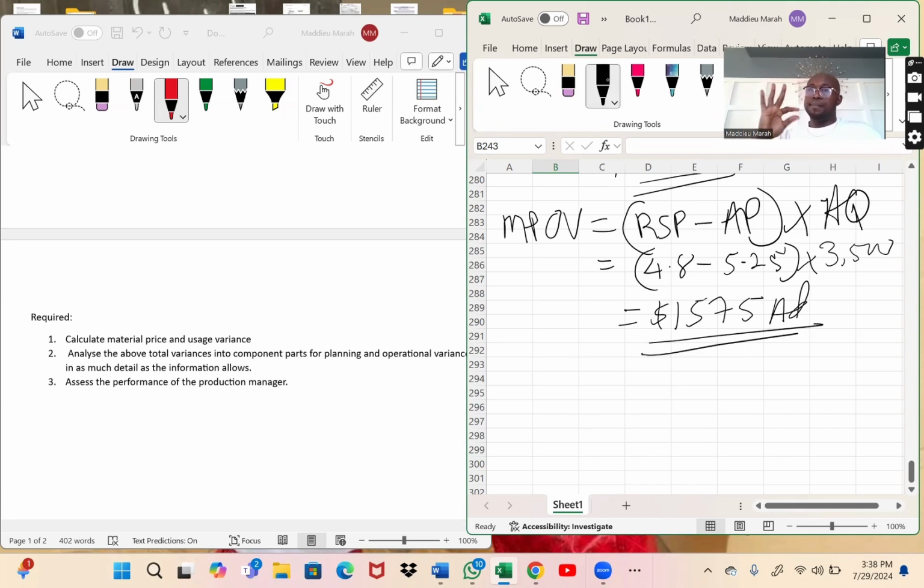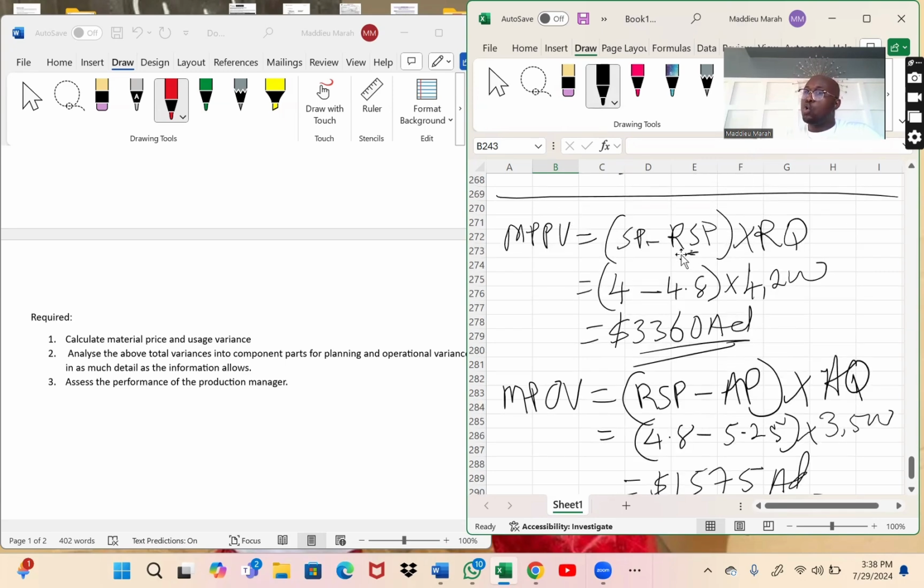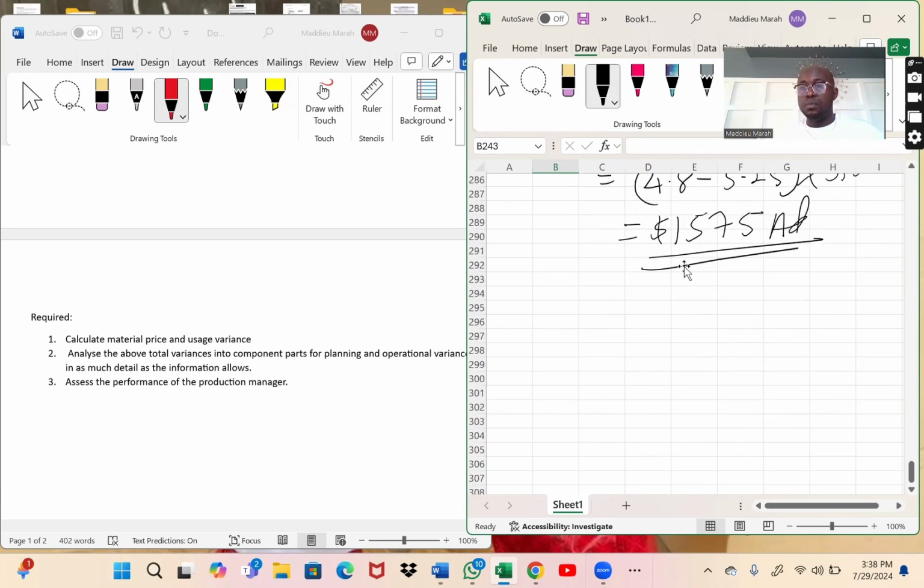So we are done with planning variance. Now we move to operational variance. So we are done with price variance. Now we move to the usage variances. So now material usage planning variance.